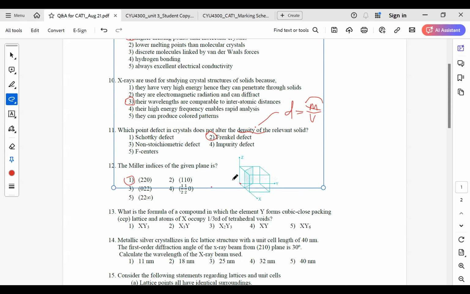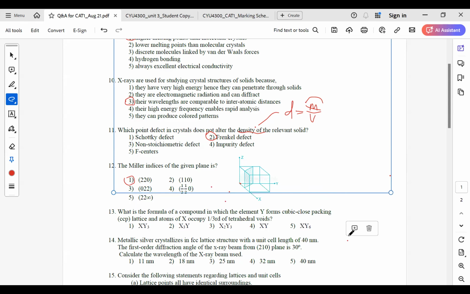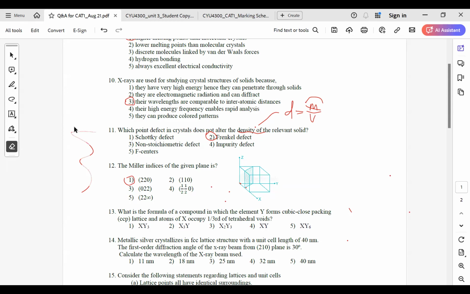From the origin, we are going to go along the directions and see where the plane is going to intersect the particular unit cell length. If you go along the x-axis, you will see that it intersects the unit cell length at midway, half.